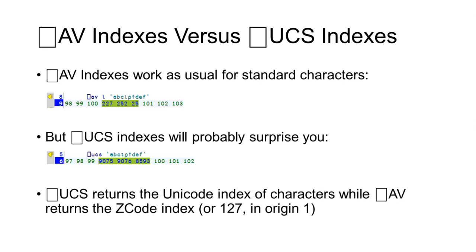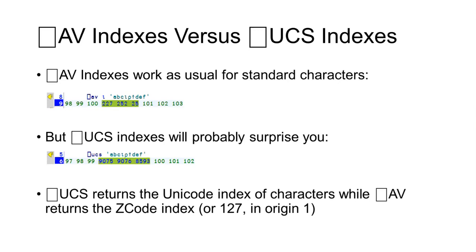Quad AV indexes work as usual for standard characters. But if you apply quad UCS to certain characters that you think of as standard characters that are part of quad AV, like in the second block of code, where I'm using them to look at the values iota, rho, and take, those characters have different indexes than quad AV would give you.